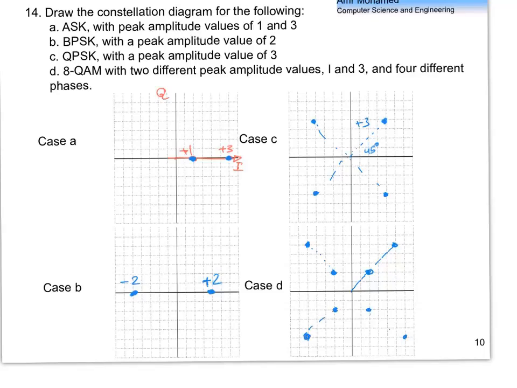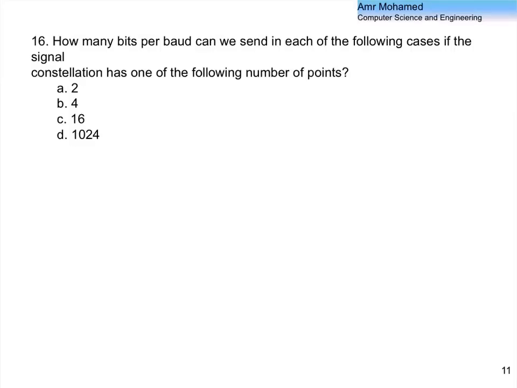This is positive 1 and positive 3, and this is 1, 3, 1, 3 and so on. So we have 8 different symbols for 8 QAM. This is for QPSK. This is for ASK. This is for BPSK.